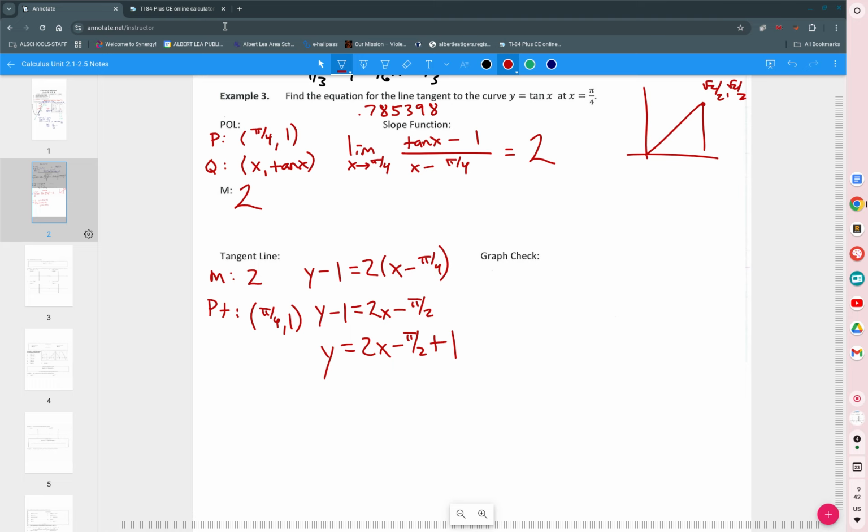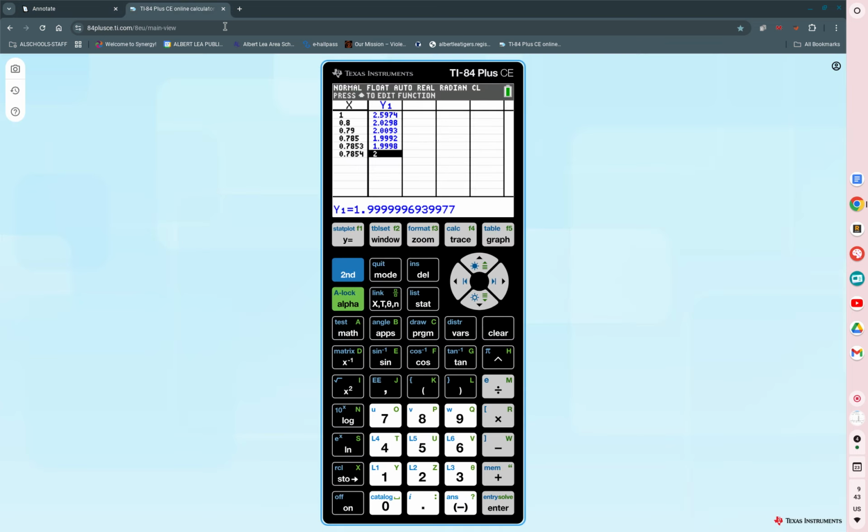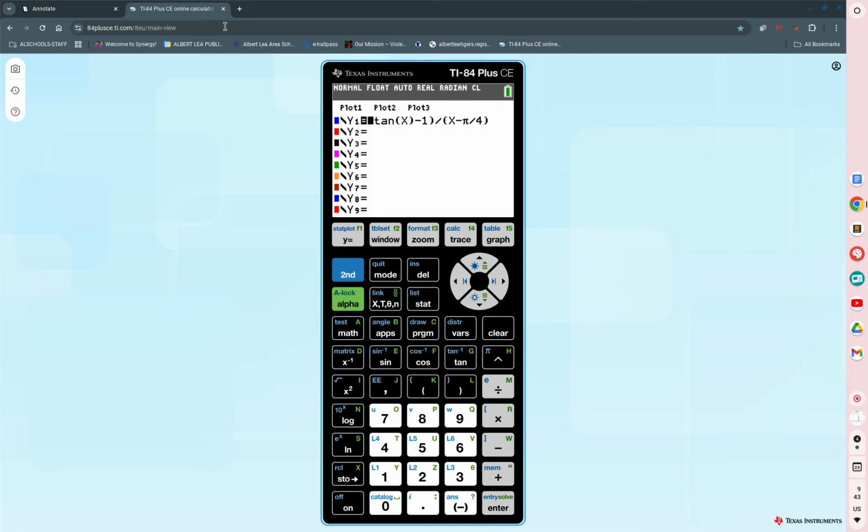Okay. I'm going to check this graphically to see if it, in fact, touches tangent. Do I want to graph that? No. So I'm going to take that off. What is it that I do want to graph?